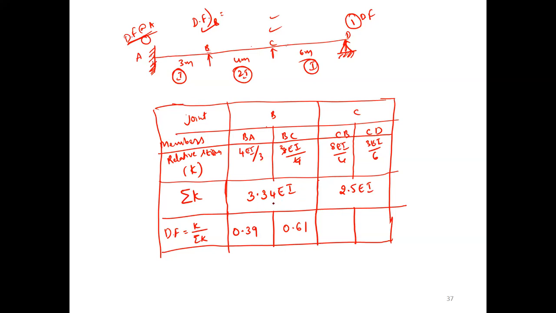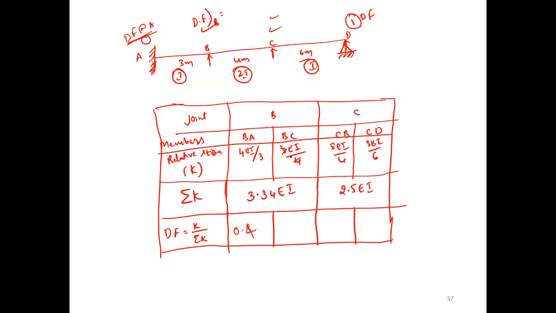1 by 3.34. 1 divided by 3.34 is 0.299. Then check this: 4 by 3 divided by 3.34 is 0.399, so you can take 0.4.